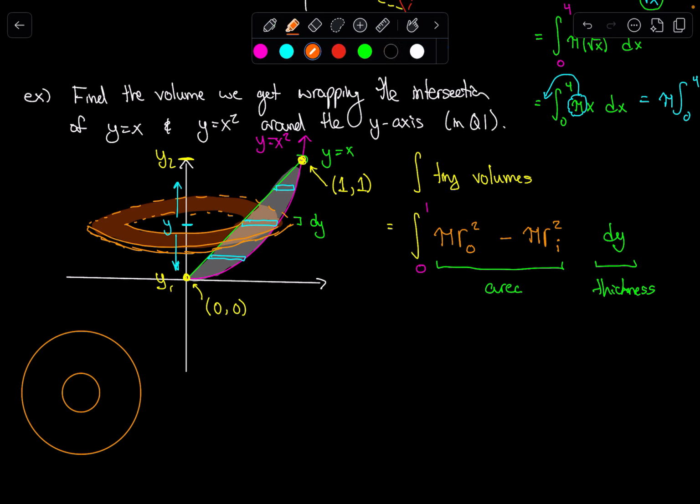Okay, so we're pretty much 98% of the way there. All that's left to do is to figure out what these different radii are and get them in terms of y. So let's start with the outer radius. And again, we're just going to go to our sketch and ask ourselves, what is the distance from here, the center of this circle, all the way out to the edge of this rectangle that we've drawn, right? Because it's going to trace out this big circle.